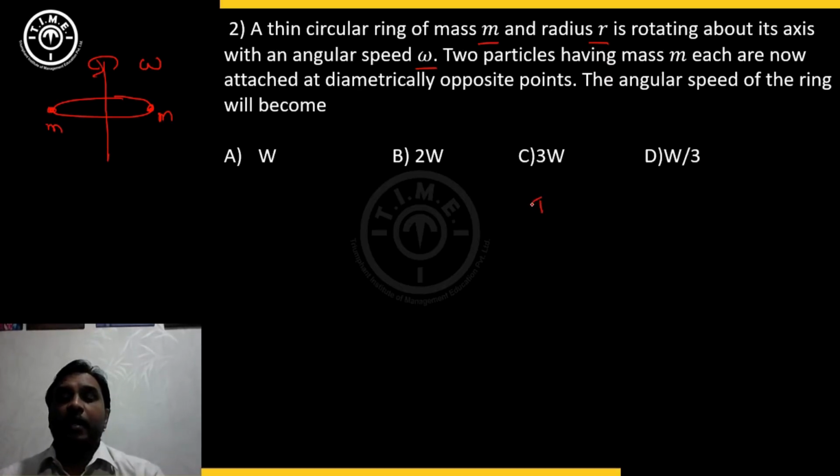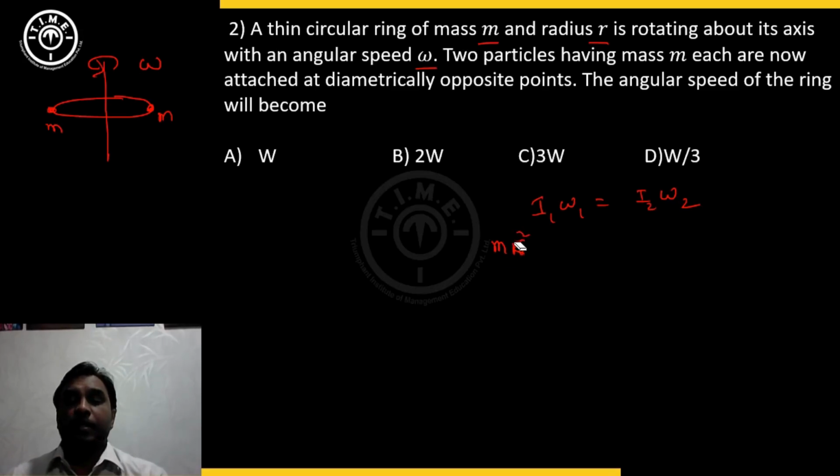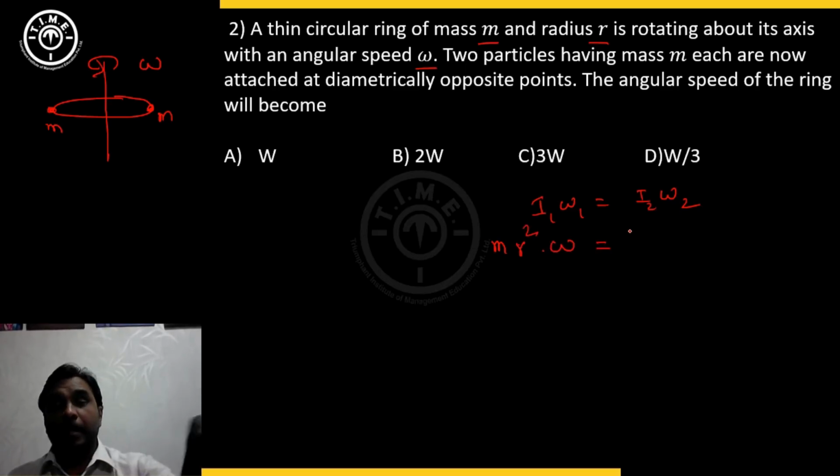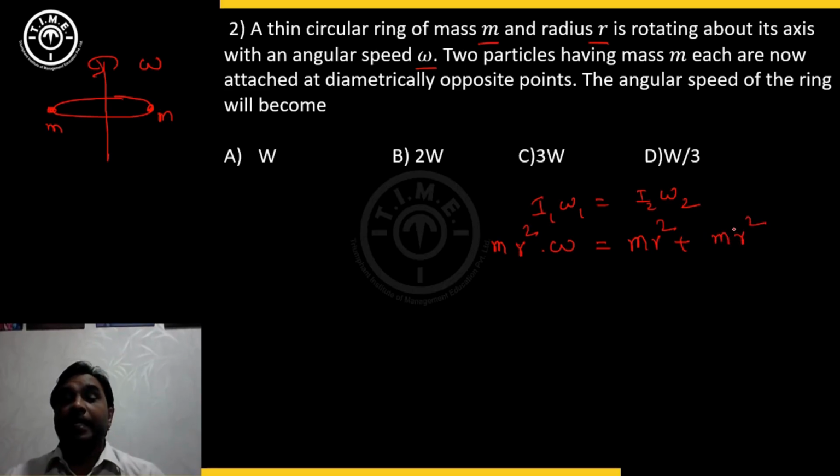Simply you can write again I1 omega 1 is equal to I2 omega 2. Initially we have only the ring, so mr square, where small r is given in the problem, into omega. Second, once two masses are attached, we have the ring mr square and two particles each of mass m at a distance r from the axis of rotation, because they are placed on the circumference of the ring.